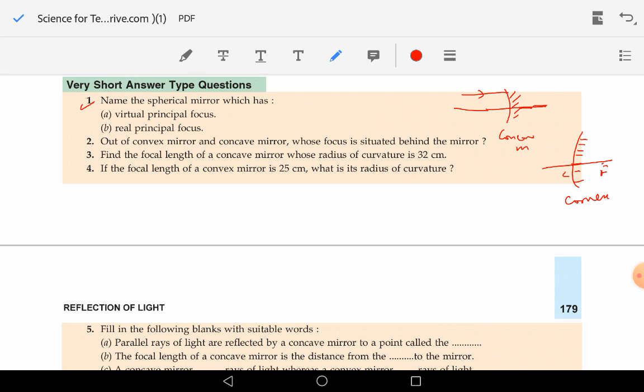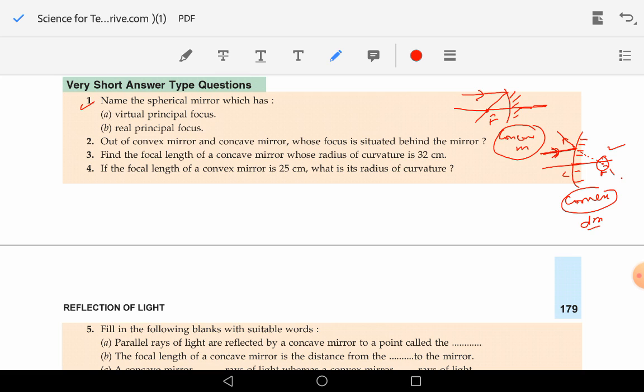If an incident ray of light is parallel to the principal axis, a concave mirror is a converging mirror, so it passes through the focus. But in case of a convex mirror, since it is a diverging mirror, if the incident ray of light is parallel to the principal axis, after reflection it will bend away from the principal axis and it appears to diverge from a point called the principal focus.